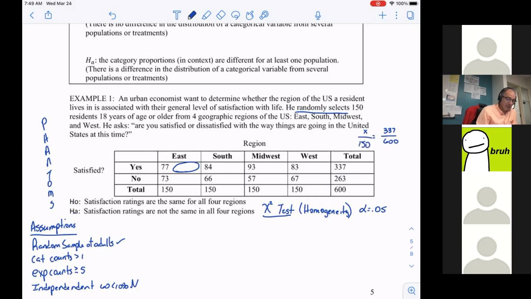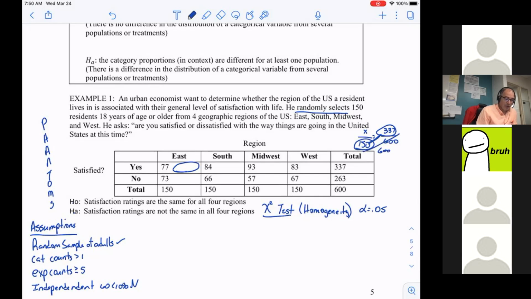So if we were to solve this, we would just cross multiply, okay? Meaning we would take 337 times 150. So I'd multiply those together. Okay, and then I would multiply the X times the 600, and then I'd have to divide over the 600. So I'd multiply the two circled numbers divided by 600.